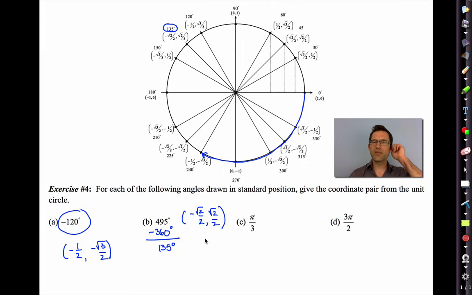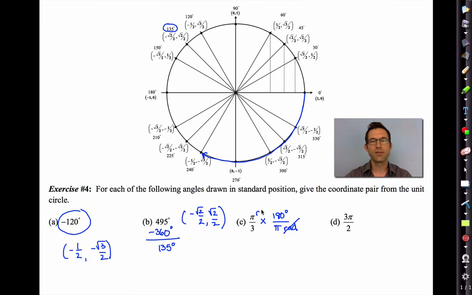Oh, and letter C and letter D are radian angles, right? Now, we were supposed to get much better at those in homework last night. But if you don't remember what pi over 3 is, and I hope you do, it was one of the ones that I said, this is an angle you want to know. Then you can do your conversion, right? By multiplying by 180 degrees divided by pi.